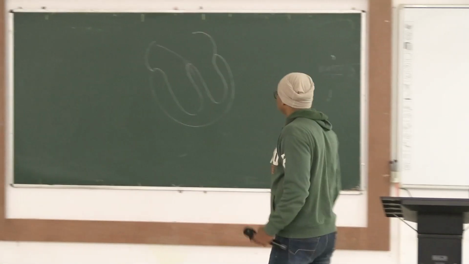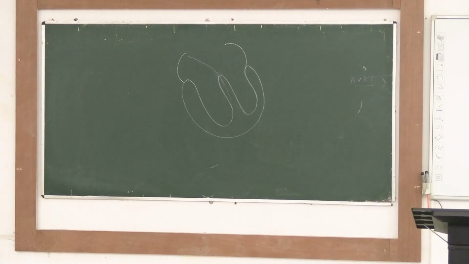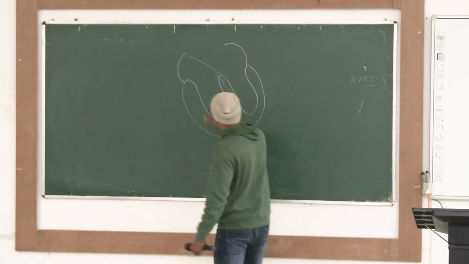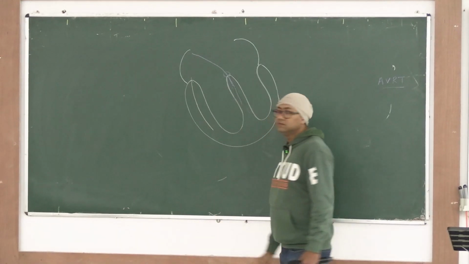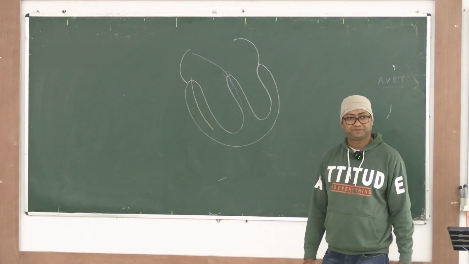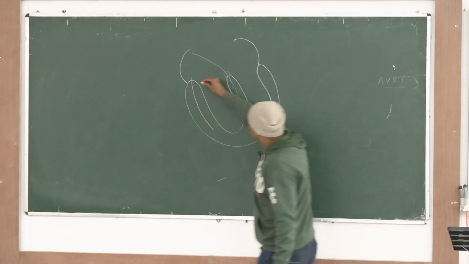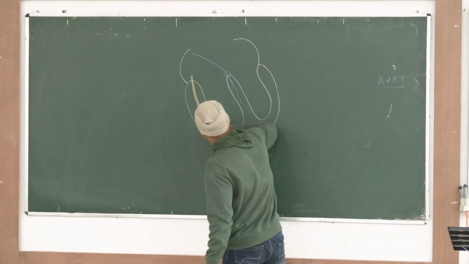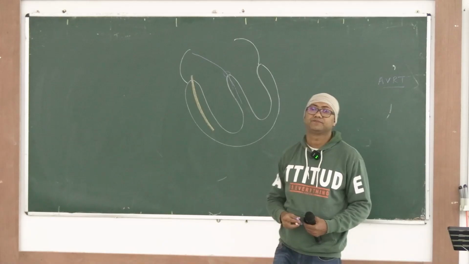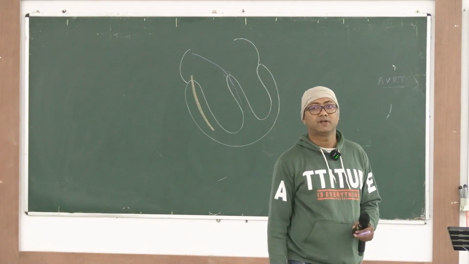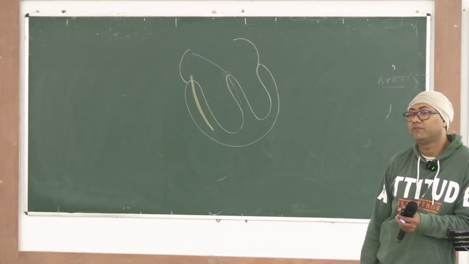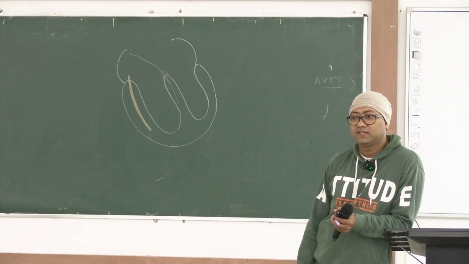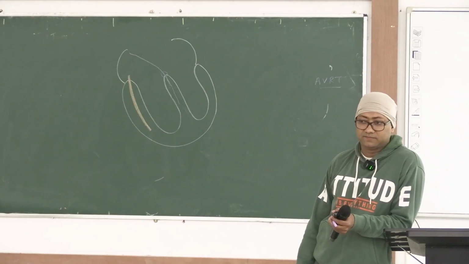Here the problem is an extra conduction pathway connects atria to ventricle, right? An extra conduction pathway lies from atria to ventricle. It is called the bundle of Kent, K-E-N-T, the water purifier, right? Bundle of Kent, right?